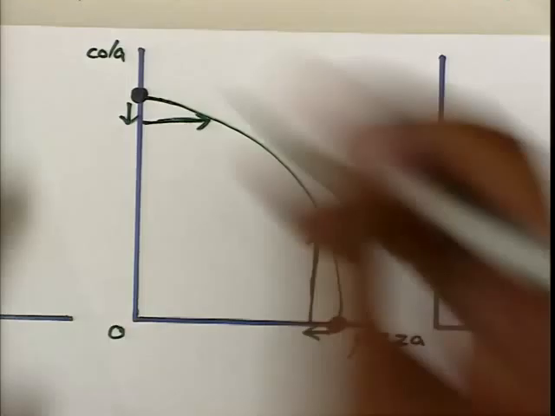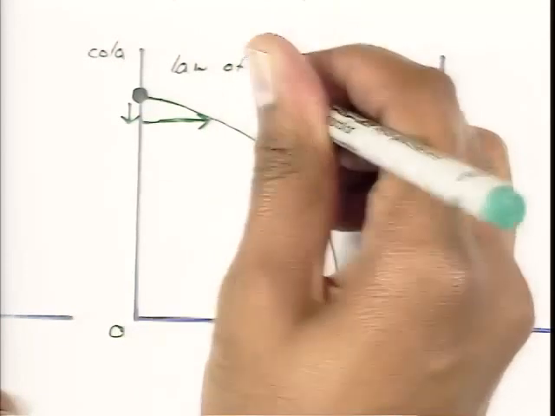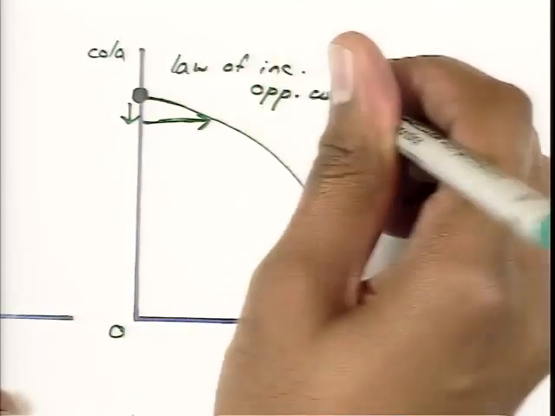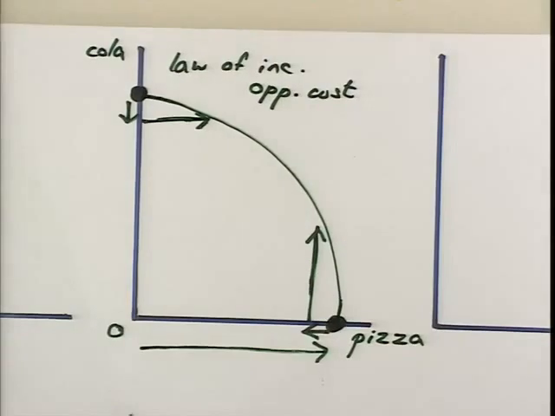It is called the law of increasing opportunity cost. As you move from left to right, the opportunity cost begins to increase. If the resources were equally adaptable to making both goods, then the production possibilities would have been a nice straight line.